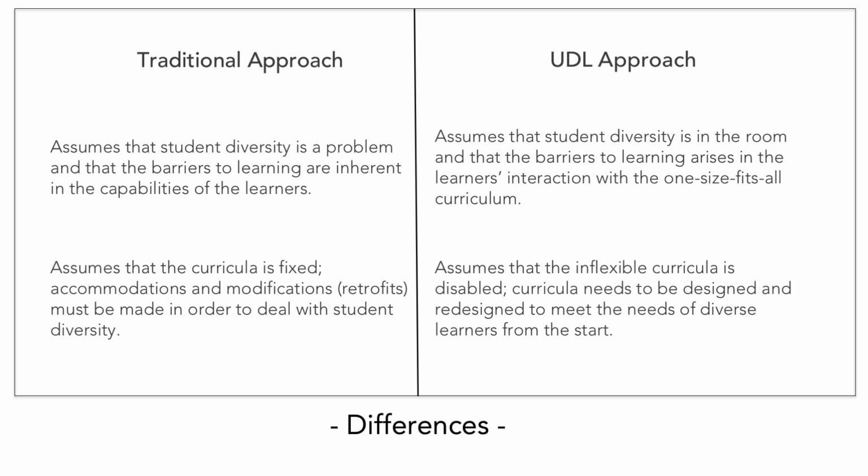The traditional approach assumes that the curricula is fixed, and accommodations and modifications must be retrofitted in order to deal with student diversity, where UDL assumes that the inflexible curricula is disabled and curricula needs to be designed and redesigned to meet the needs of diverse learners from the start. So right there, it's that curriculum that is sometimes the problem that we have to watch out for.